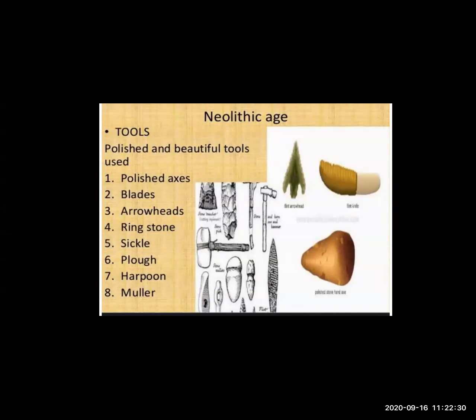They made polished axes, blades, arrowheads, ringstones, sickles, plows, harpoons, and mullers. All these tools made of copper and bronze were very beautiful and nicely polished, which gave them a shiny texture.